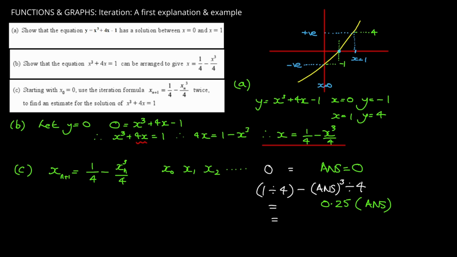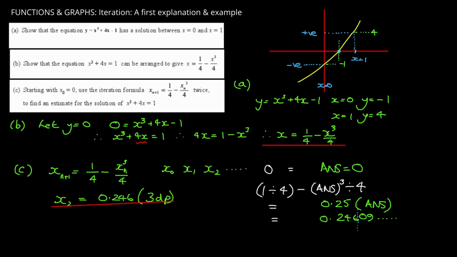And the calculator comes up with 0.24609, and on it goes. The question doesn't actually tell us what limit they want this to, and I would think you could probably safely do the chop there. So I'm going to say that x2 is equal to 0.246, and that's to 3 decimal places.